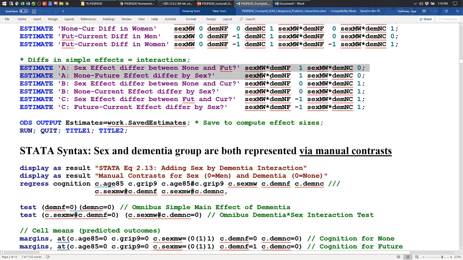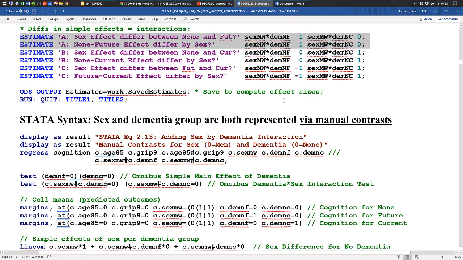And so I have written out for each interaction contrast 2 possible interpretations. So the first 2 lines here is an interaction effect given directly by the model. This is just sex by dementia, none versus future. What this is telling us is whether or not the sex effect differs between the none and future groups, or, equivalently, whether the difference between none and future differs by sex.